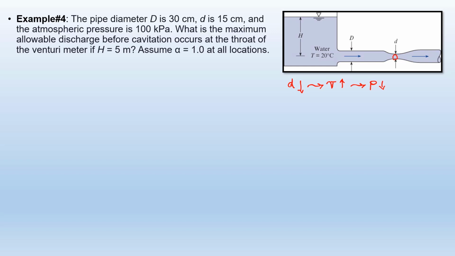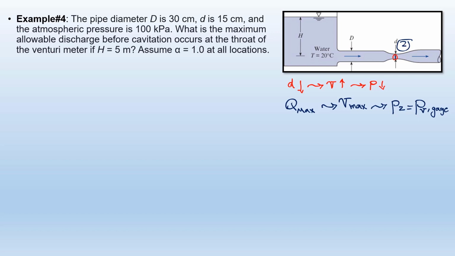So in order to find maximum flow rate, or Qmax, I need to find maximum velocity. And maximum velocity happens when pressure at point 2, I'm going to call this point 2, section 2, over here, is equal to vapor pressure, which has been converted to gauge pressure.